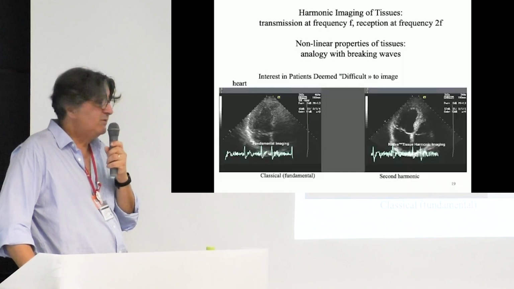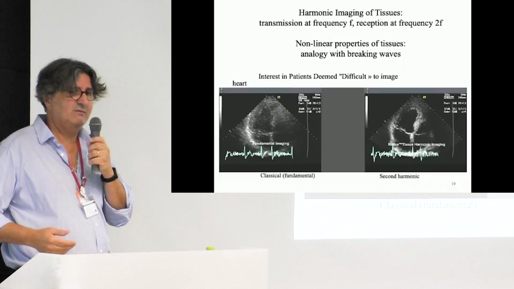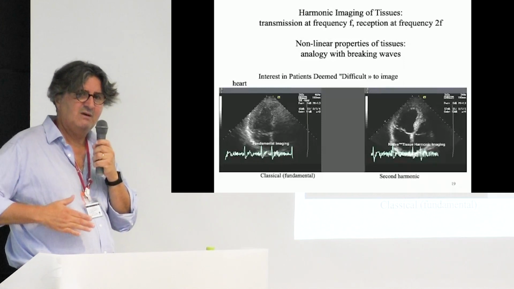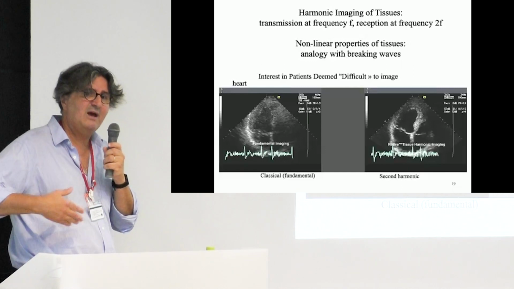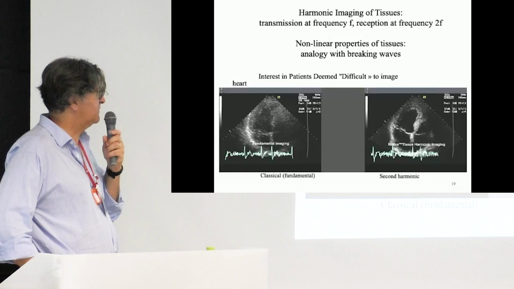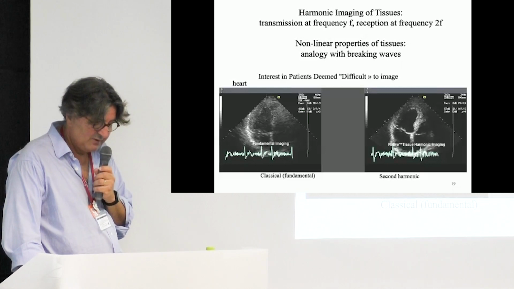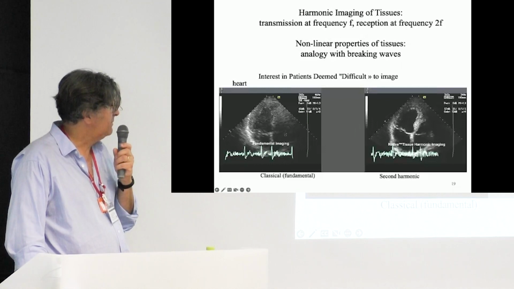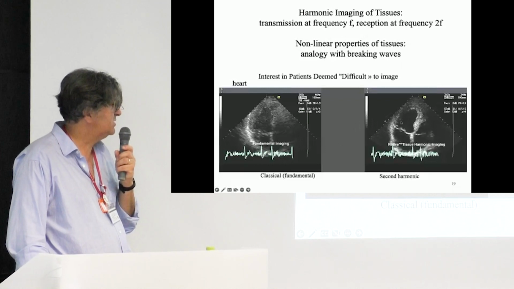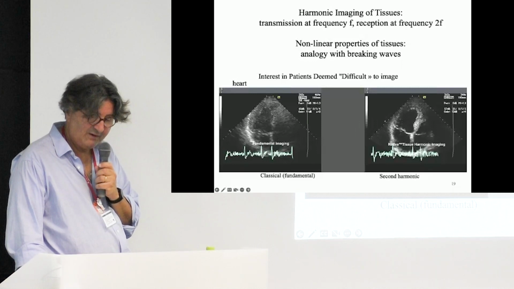So by using harmonic imaging, you can avoid this effect and only look at the contribution after the first few centimeters that you have difficulty to cross. Here, for instance, you have the same image done by conventional imaging and harmonic imaging, and here you have a very, very nice picture.